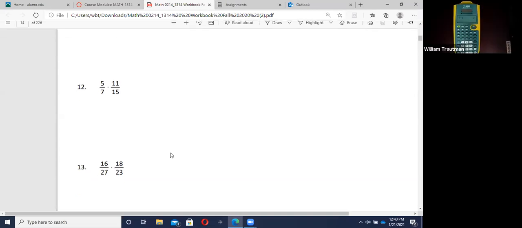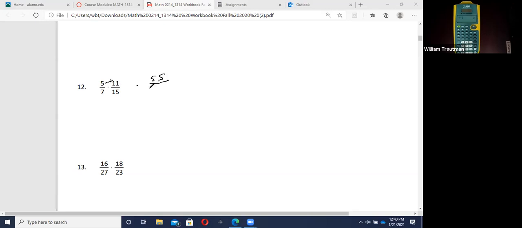Okay, so number 12, I'm going to multiply it out and then I'm going to put it in my calculator. 5 times, multiply across the top. 5 times 11 is 55. 7 times 15 is 105. When you multiply the tops, multiply the bottoms, and then try to reduce it. Well, they both divide by 5.